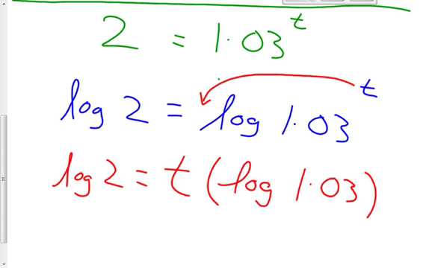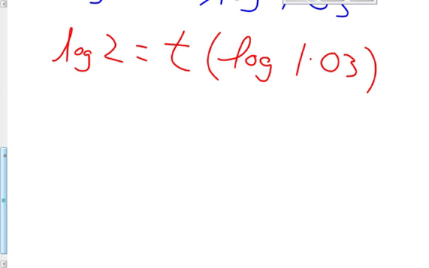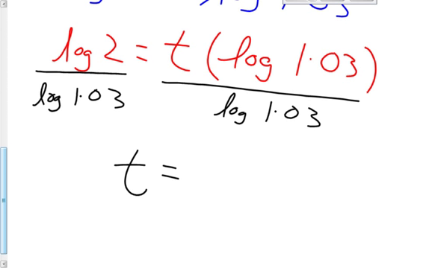All right, now how do we get t all by itself? Well, right now, this is a multiplication problem. So if I divide both sides by the log of 1.03, I get my answer. t is what? Log 2 divided by log 1.03. Calculators, we need you.